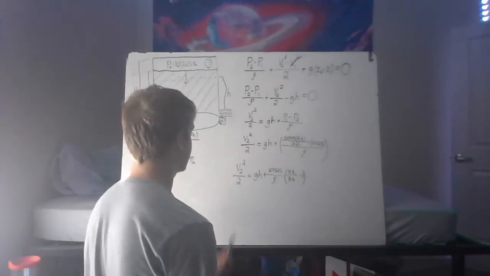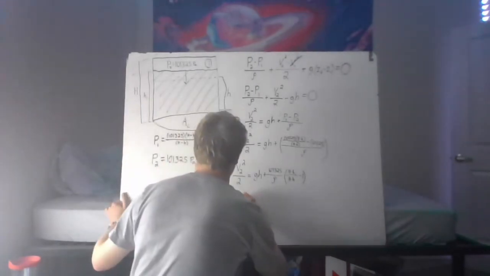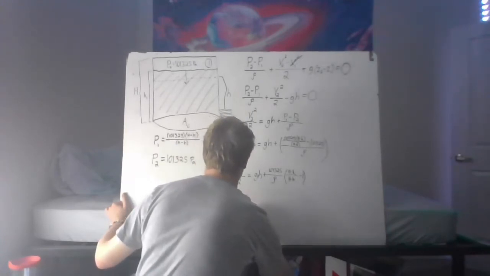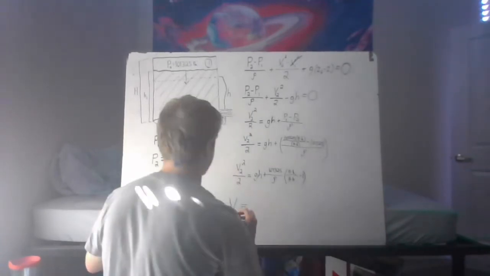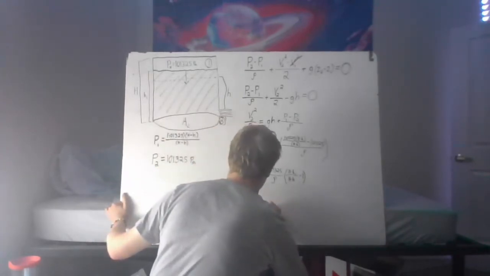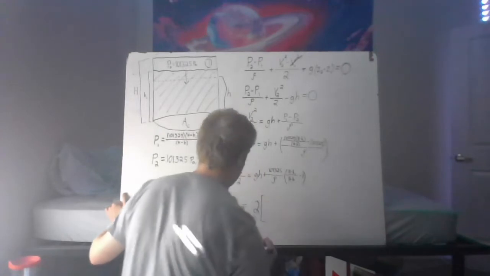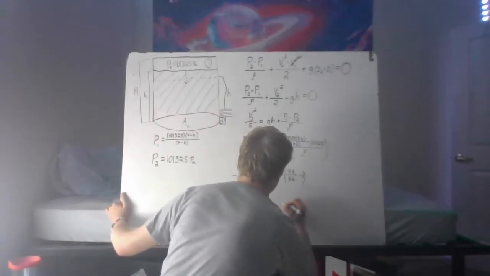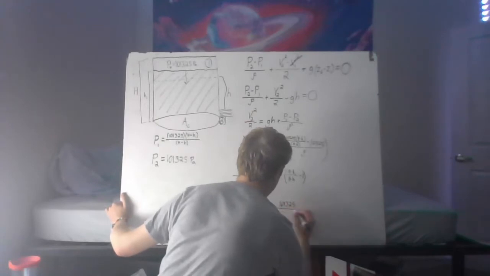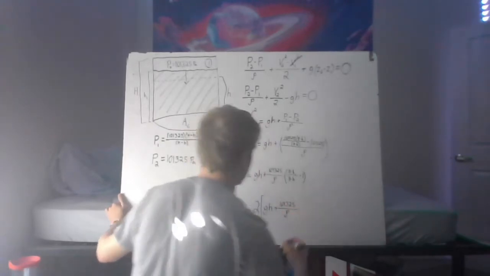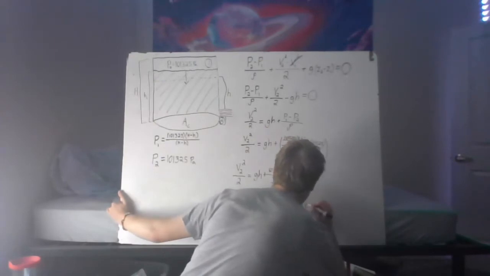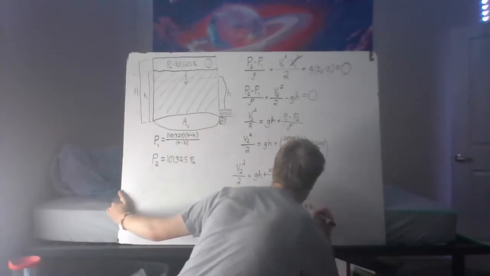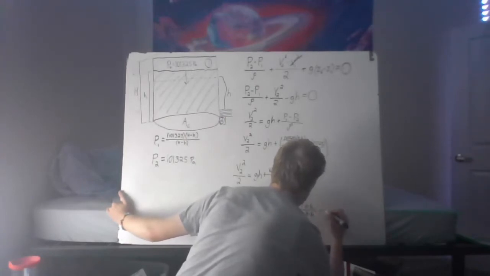And now finally, to get V2 isolated, we multiply by 2 on both sides, and we get 2 times this here, gH plus 101,325 over rho times big H minus HI over big H minus little h, and then all that minus 1.